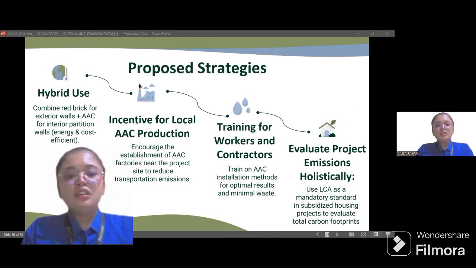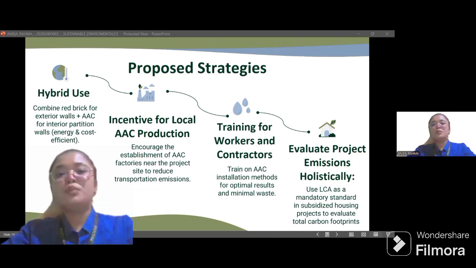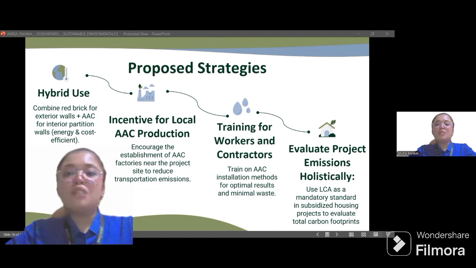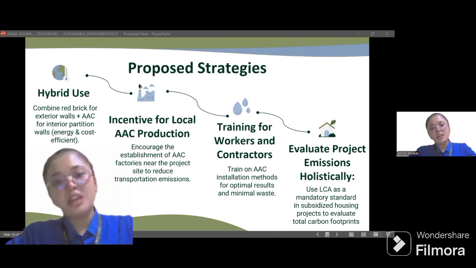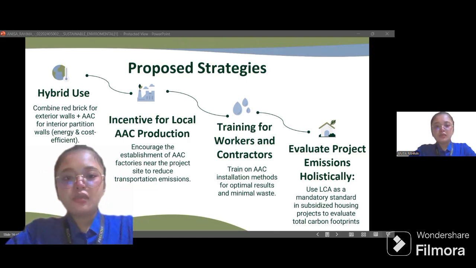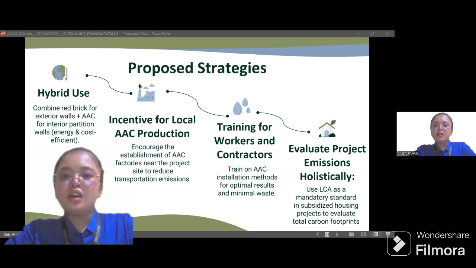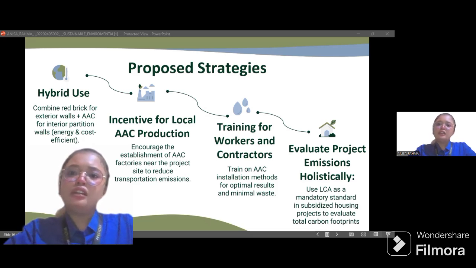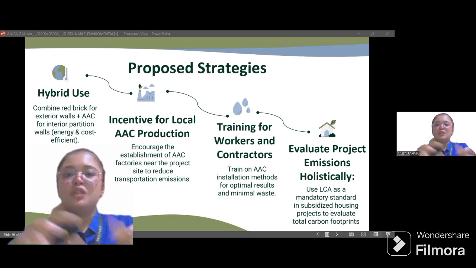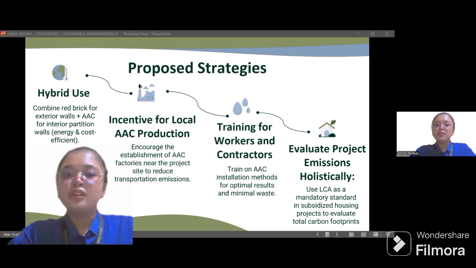And then the last is evaluate project emission using LCA. The government can mandate LCA as a requirement for design verification and environmental reporting. This allows developers to adjust material choice and work method based on environmental impact data rather than just cost. Policy implication and standardizing LCA will drive decarbonization in the housing sector, supporting Indonesia's net zero emission target by 2060.